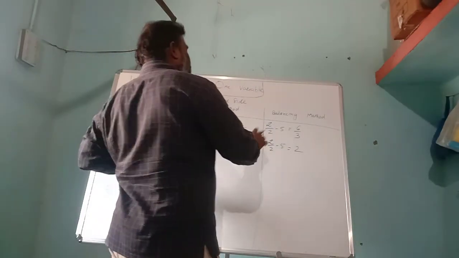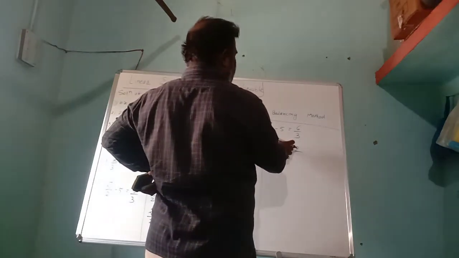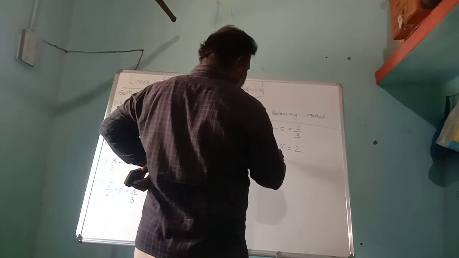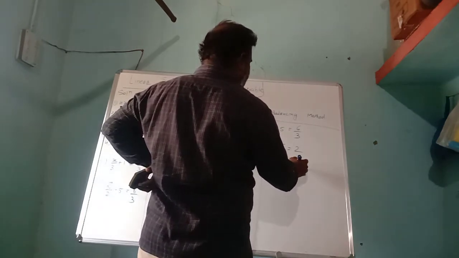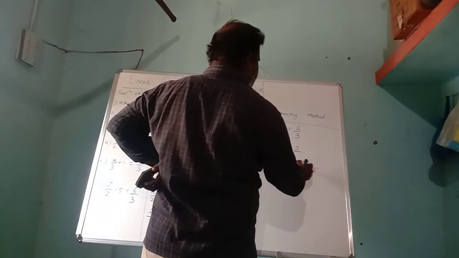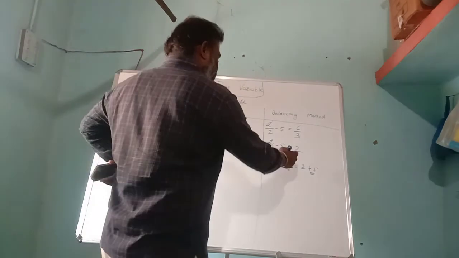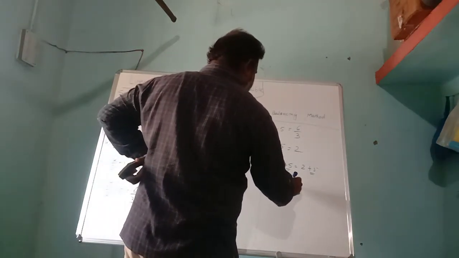Now, while using the balancing method, here it is minus 5. Again we have to concentrate on the constant. Add 5 on both sides. That is z by 2 minus 5 plus 5, and similarly on the right we add 5. Minus 5 plus 5 becomes 0. Hence z by 2 equals 7.